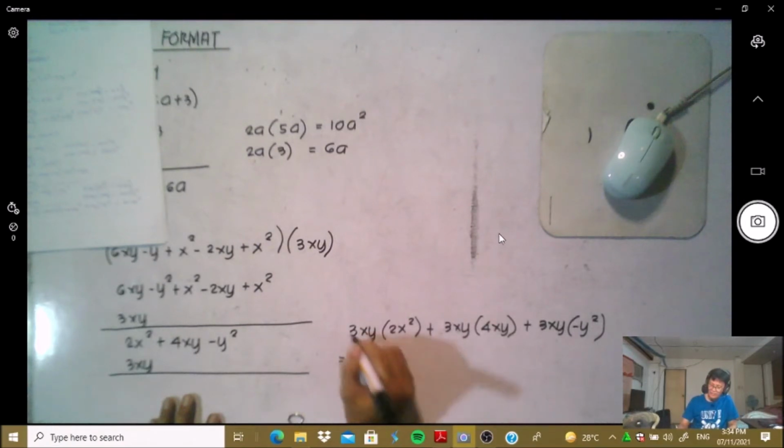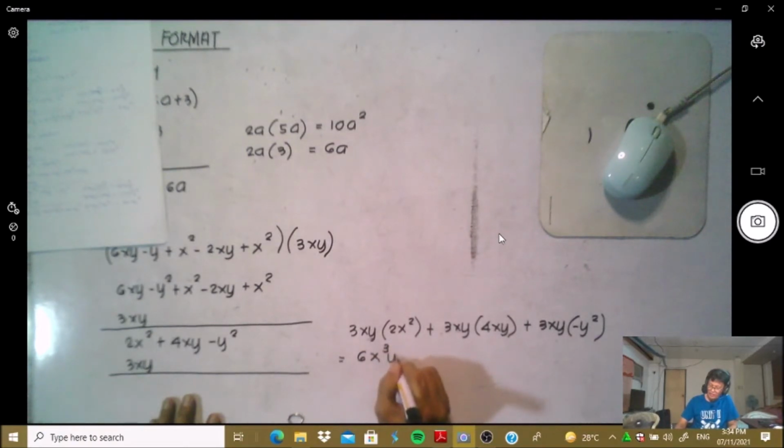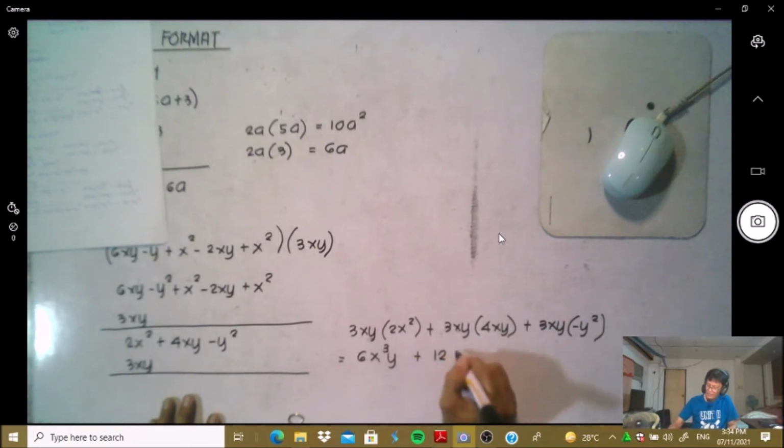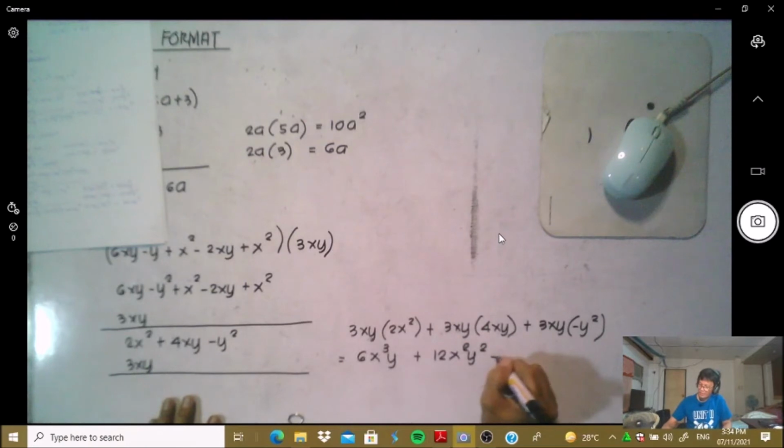So we have 3 times 2 is equal to 6. Then we have x, 1 plus 2 is equal to 3. So x cubed then y. Then plus 3 times 4 is equal to 12. Then we have x, 1 plus 1 is equal to 2. Y also 1 plus 1 is equal to y squared. Then minus 3 times 1 is equal to 3.